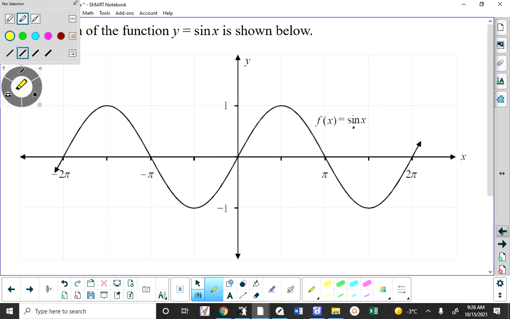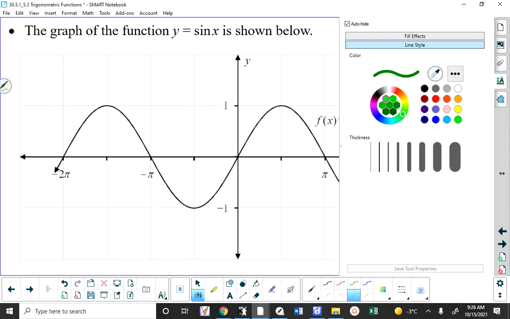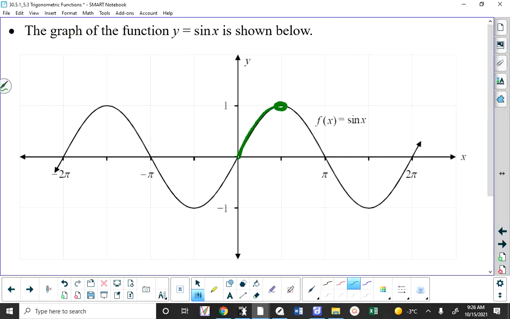It has a part that goes up, a second part that goes down, a third part that goes down, and a fourth part that goes up. And it's not straight lines. Okay? So now we're going to answer some questions about this. And it extends in both directions because we know about coterminality that if we go in the opposite direction, you're still going to trace out those same y coordinates on the unit circle.